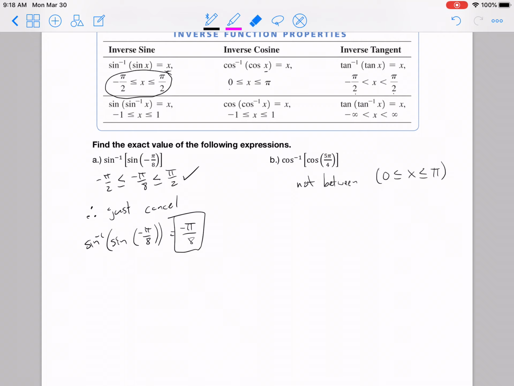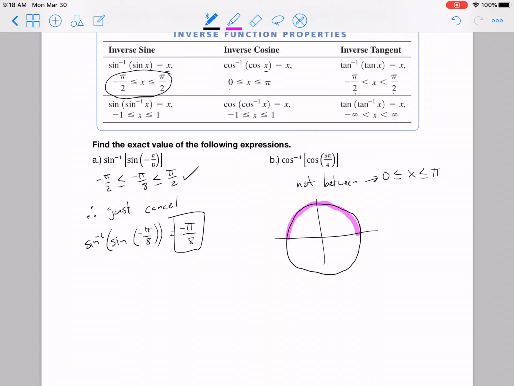Not between those. And therefore, this is what your calculator would do if you type this into your calculator. Remember, for arc cosines, we're only supposed to be on this top half, right? That's what keeps us in that range of 0 to pi.